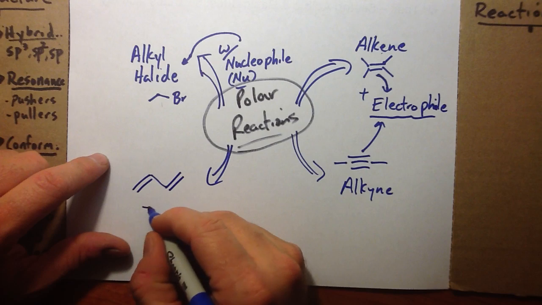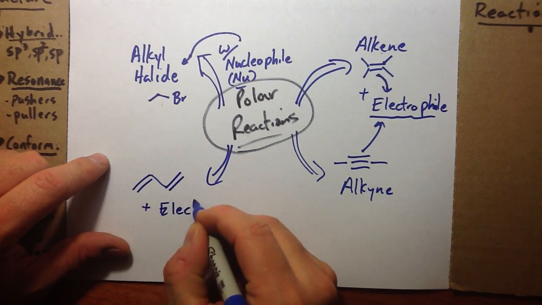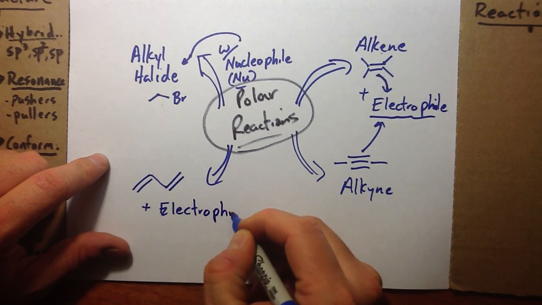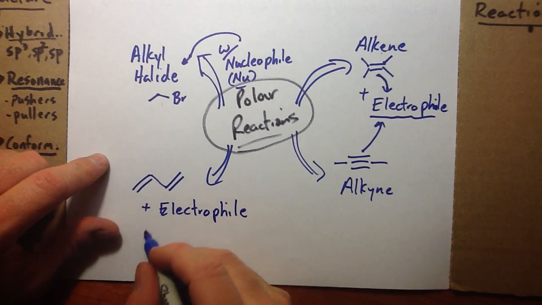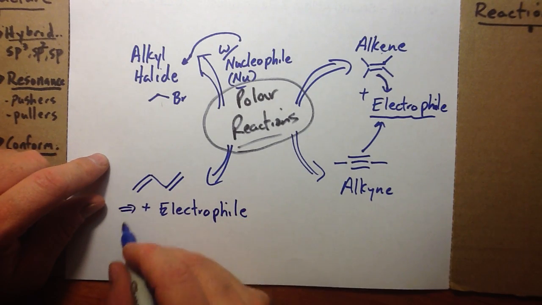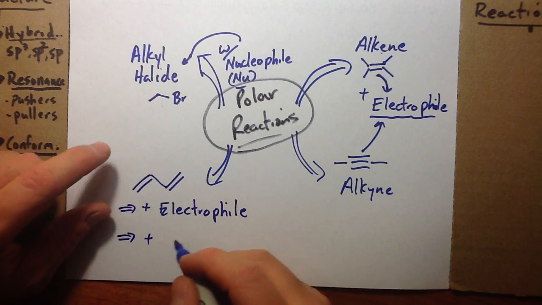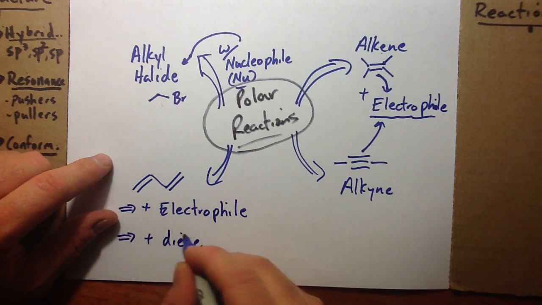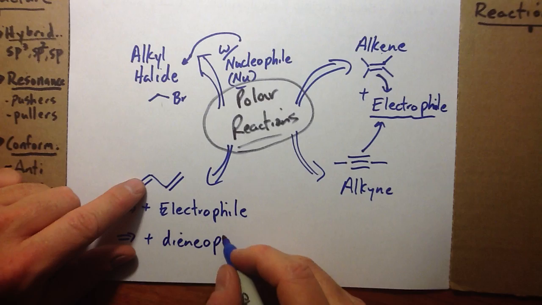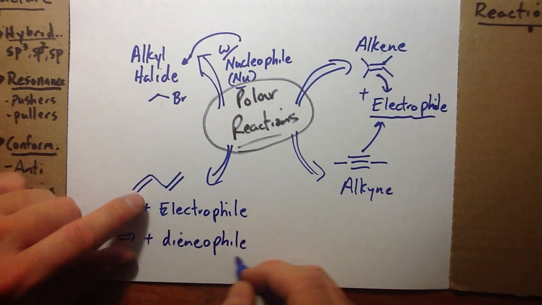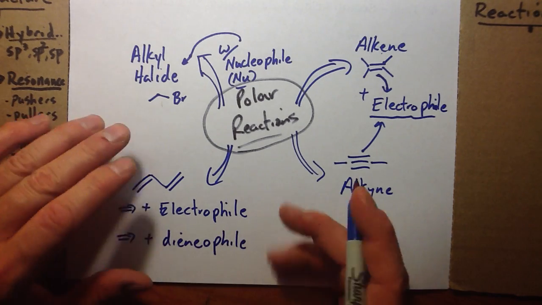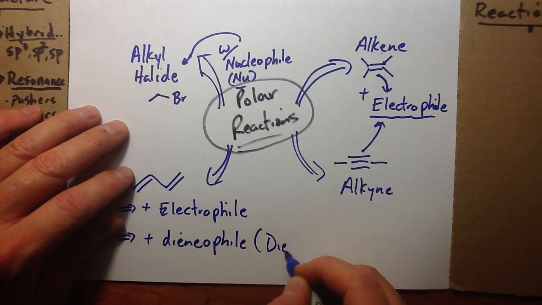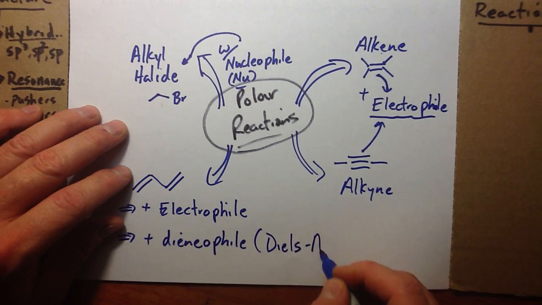Dienes reacting with electrophiles, and that's our first one. And we'll have plus dienophiles. Dienophiles would be diene lovers. So we'll have a Diels-Alder reaction that we'll end with.